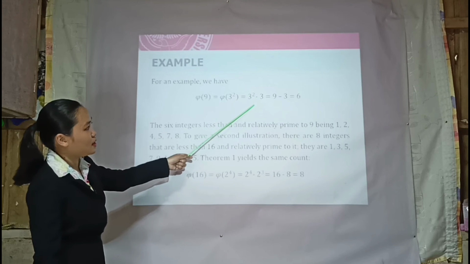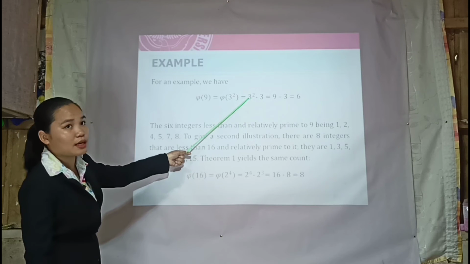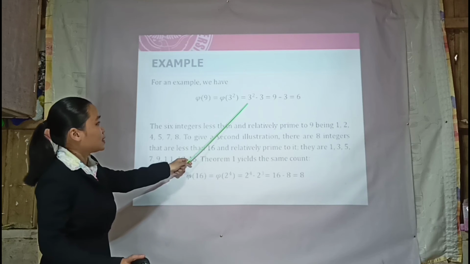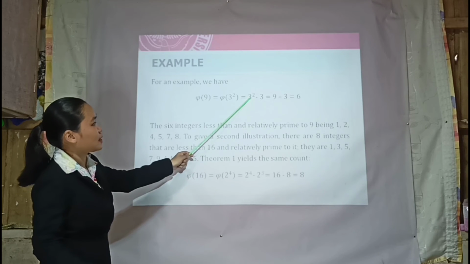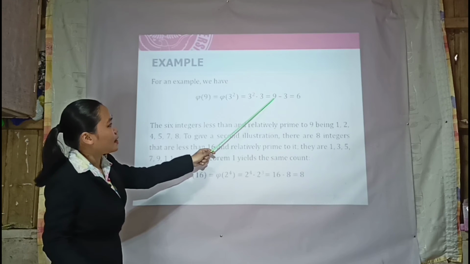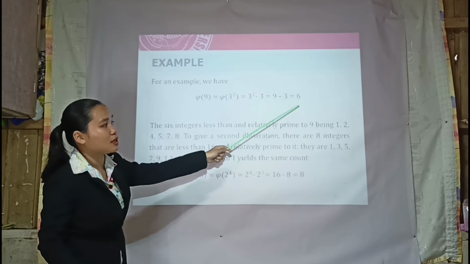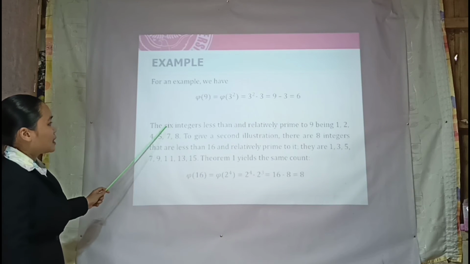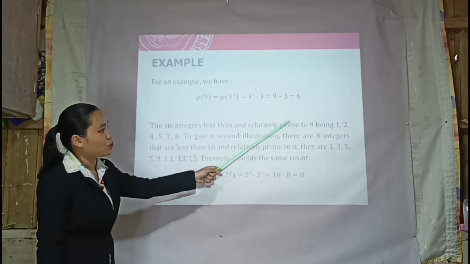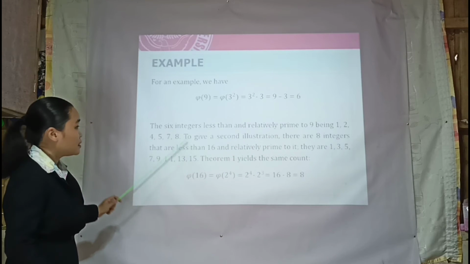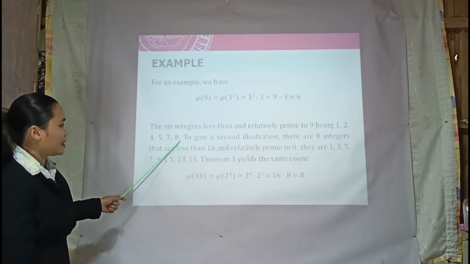If we evaluate this, 3 squared is 3 times 3, not 3 times 2, so we multiply it: 3 times 3, we have 9. 9 minus 3, we have 6. So the 6 integers less than and relatively prime to 9 are 1, 2, 4, 5, 7, and 8.